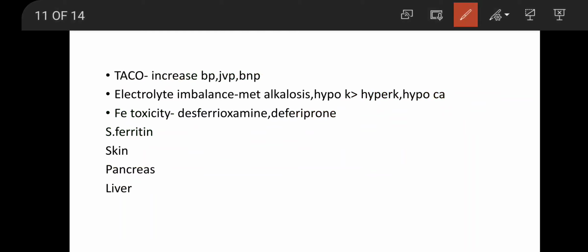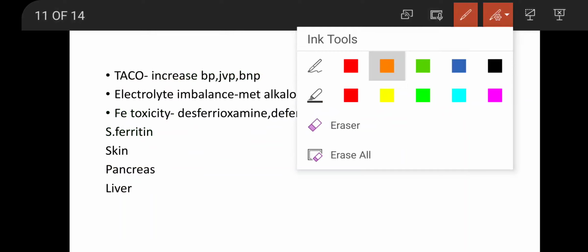Next thing that can occur is electrolyte imbalance. One is metabolic alkalosis, because you have citrate in the blood, in the preservative. Citrate will cause metabolic alkalosis because it will go to the liver and citrate will produce bicarbonate.